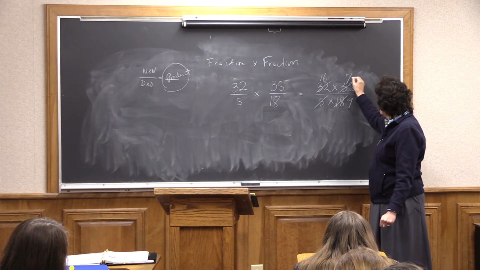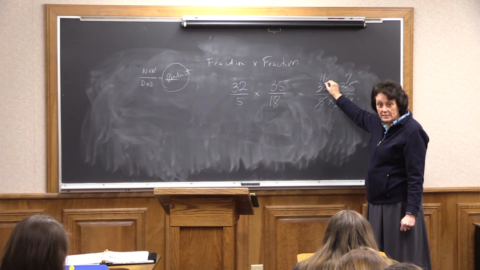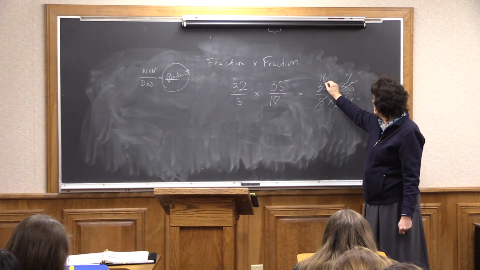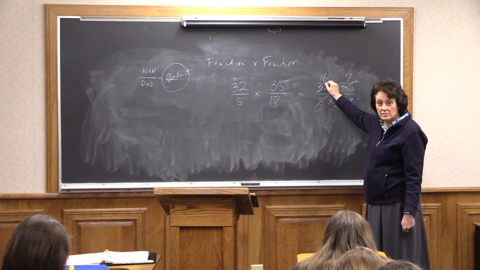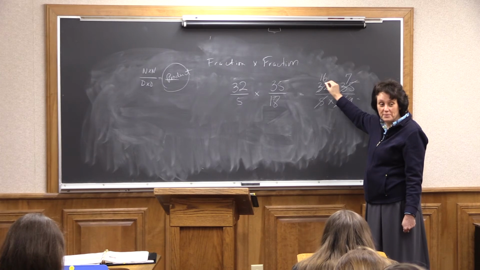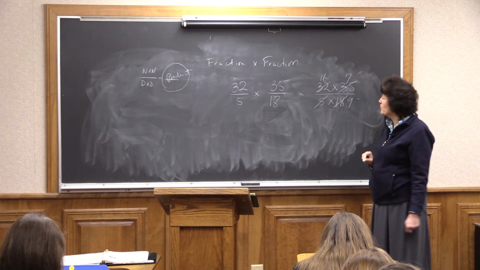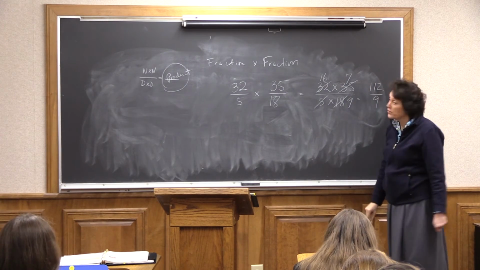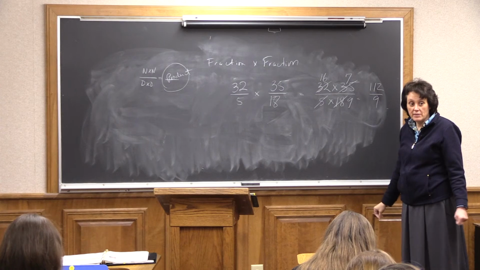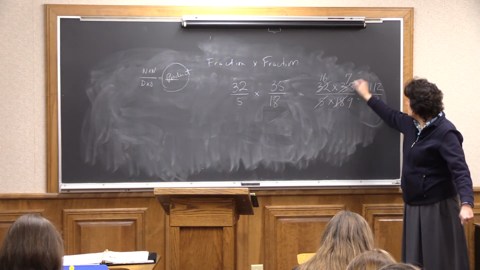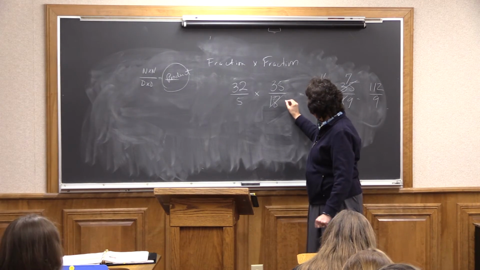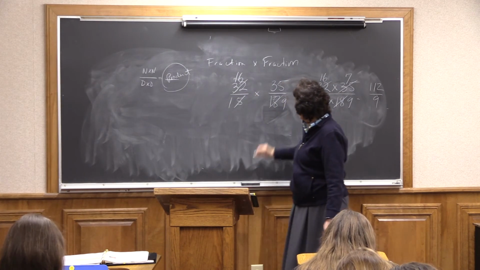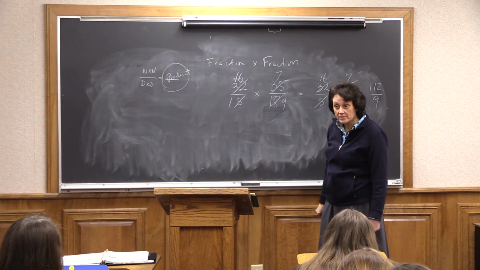This is going to lower it a little bit, at least. Now I only have to do 16 times 7. What's 16 times 7? 7 times 6 is 42, 112. Then do I have to worry about further reducing? I don't have to worry about further reducing. I can reduce as I go. I can do 2 out of 18, 2 out of 32, 5 out of 5, 5 out of 35.